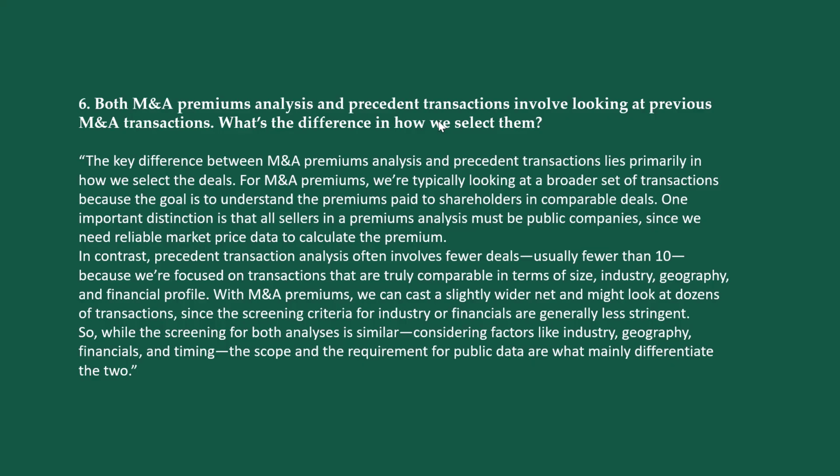We are aware of this. In basic questions also we have covered precedent transactions. So both of these involve looking at previous M&A transactions. And here the question is asking what the difference is and how we select them.